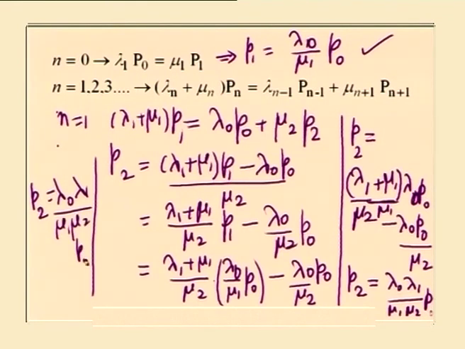So, in this way the next step would be to take n equal to 2 and then proceed further. Because of the presence of mu n plus 1 into p n plus 1 there, we will get p 3 in terms of p naught. Initially we will have p 3 written in terms of p 2 and p 1; plug in the expressions we got for p 1 and p 2 here and get everything in terms of lambda naught, lambda 1, lambda 2, mu 1, mu 2, mu 3 into p naught.